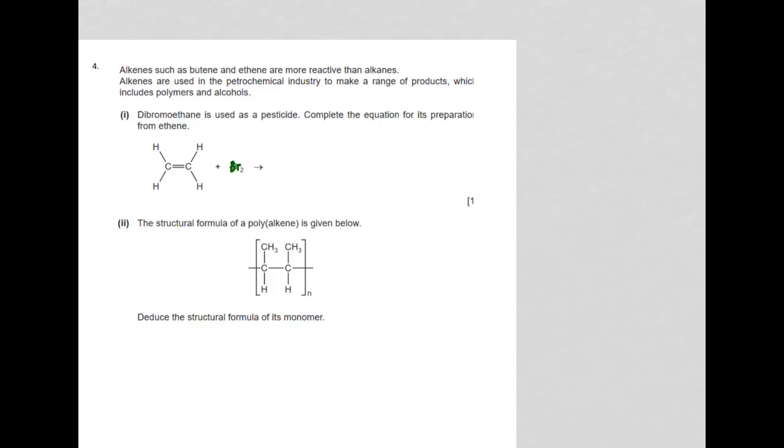So bromine is going to add between the double bonds. So the double bonds open up and you get dibromoethane. For this one, you have to go back to addition reaction of alkenes. This is called bromination. So you have the 2 bromine that adds here.